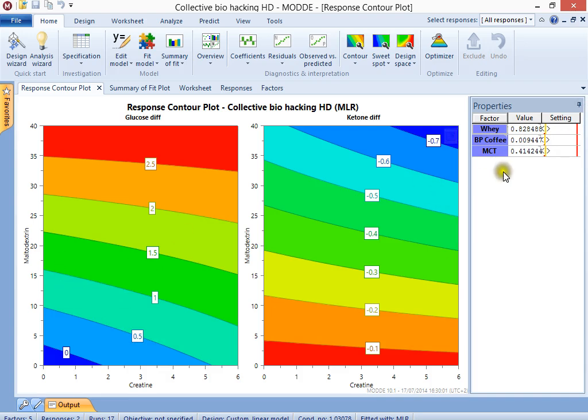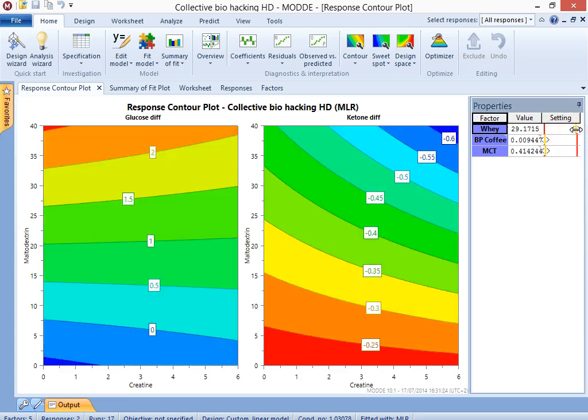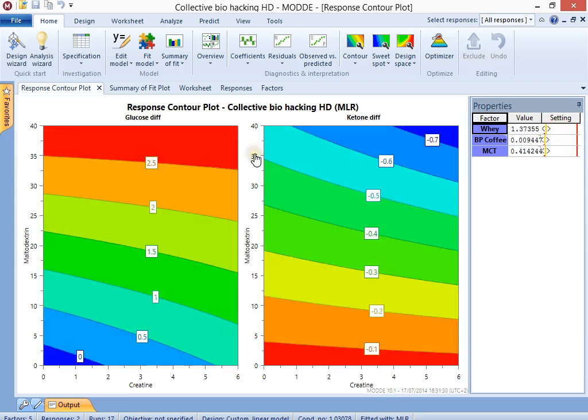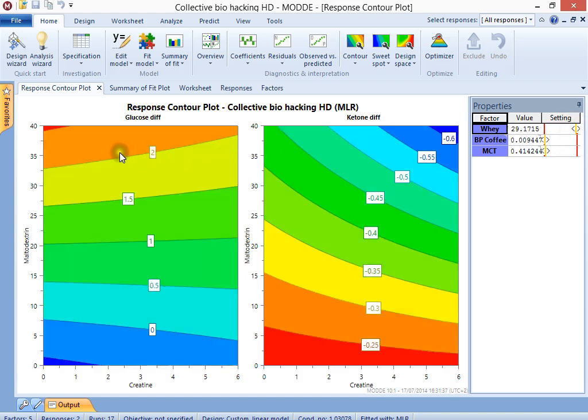Here we look at creatine and maltodextrin, and we also have settings for whey, Bulletproof Coffee, and MCT. So if I change something, I just throw in some whey, what happens? You see it change shape. You see that? Here it's mostly red. You see how the shape is? I throw in some protein and it changes to this corner instead.